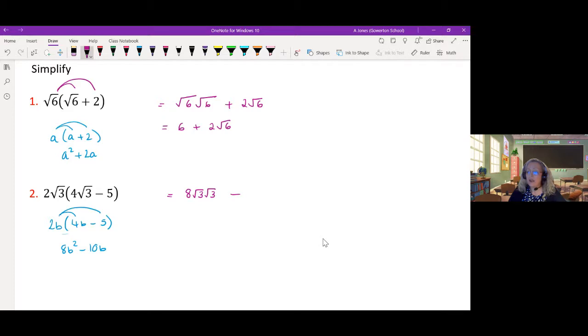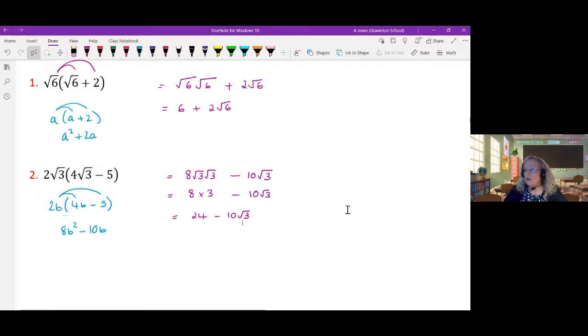And then multiplying 2 root 3 by minus 5, I get minus 2 5s are 10, so 10 root 3. And then just tidying this first part up, root 3 multiplied by root 3 is 3. So this becomes 8 multiplied by 3 minus 10 root 3. And that becomes 24 minus 10 root 3 on this one.